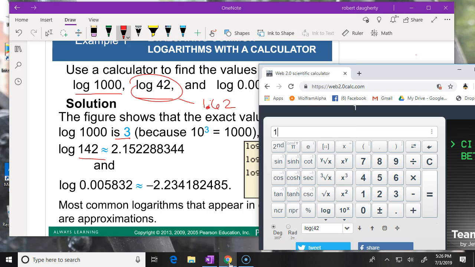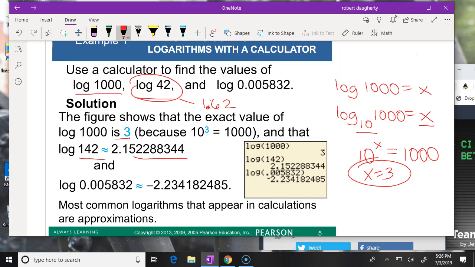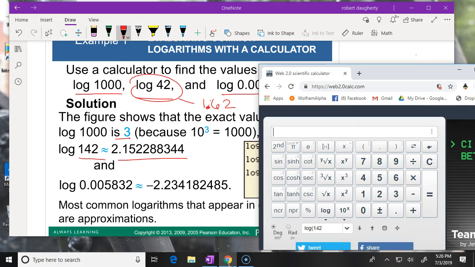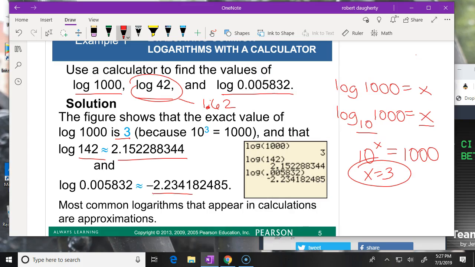The log of 142 is 2.15, and that's what they have shown here. What about the log of 0.005832? The log of 0.005832 is about negative 2.234.